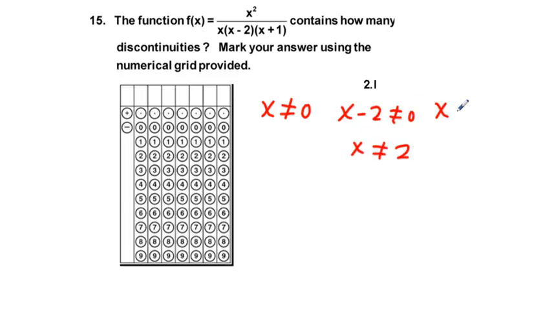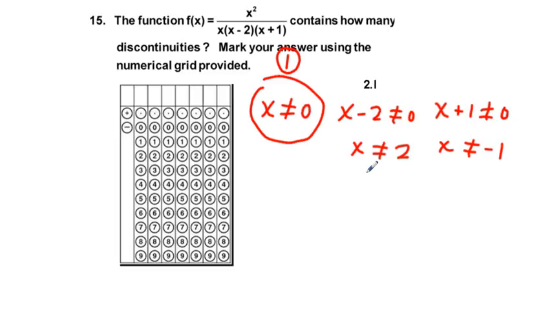And finally, x plus 1 cannot equal 0, so x cannot equal -1. So how many do we count there? 1, 2, and 3 discontinuities. Okay, right there, the answer is 3.